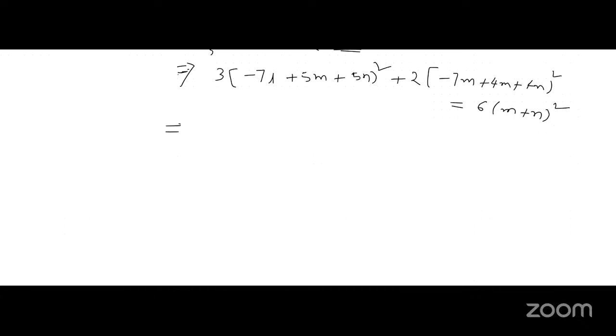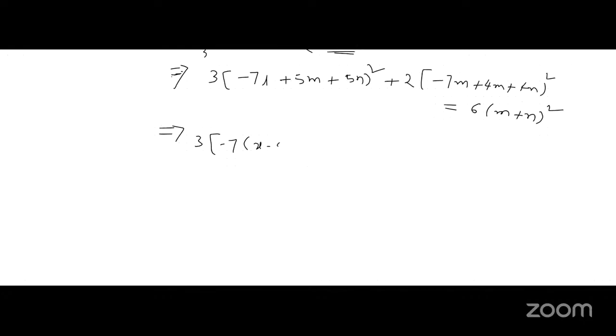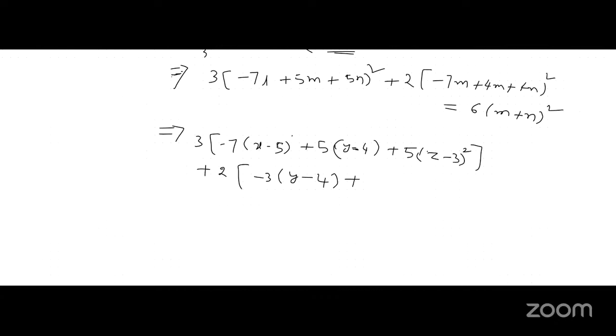So 3 into (minus 7 into (x minus 5) plus 5 into (y minus 4) plus 5 into (z minus 3)) whole square plus 2 into (minus 3 into (y minus 4) plus 4 into (z minus 3)) whole square equals 6 into ((y minus 4) plus (z minus 3)) whole square.